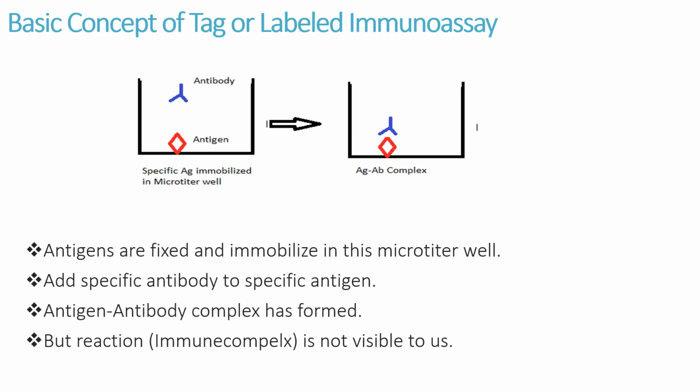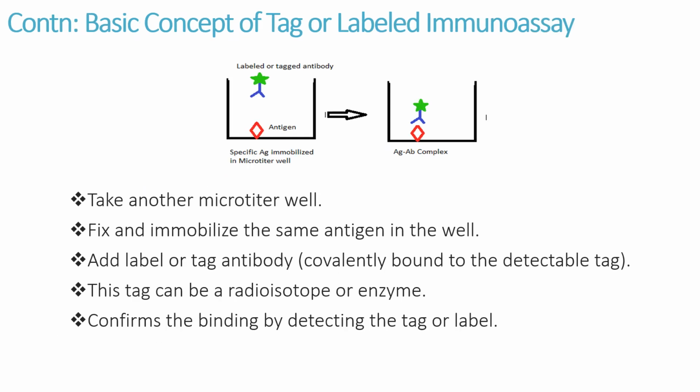So, because it is present in very low concentration, what can we do to confirm that binding has occurred? So, take another microtiter well and fix and immobilize the same antigen in the well. But at this time, add label or tag antibody, which is covalently bound to the detectable tag.